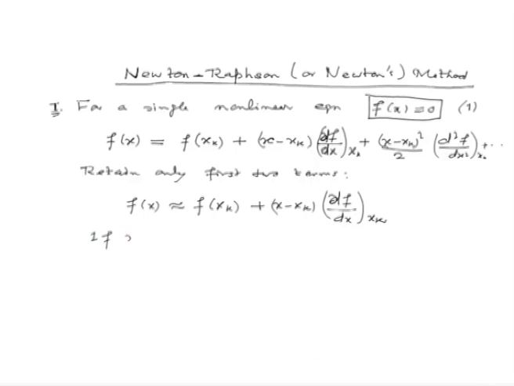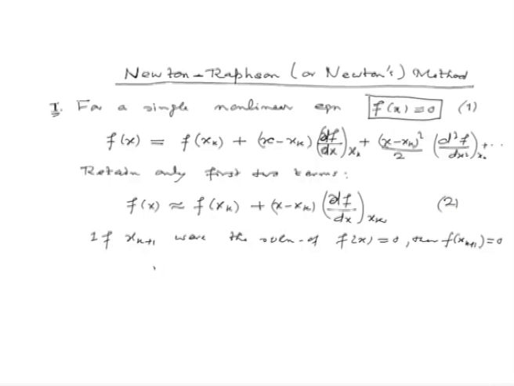Now, we are looking for a new iterate or an improved solution. So, if xk plus 1 were the solution of f(x) is equal to 0, then of course f of xk plus 1 is also equal to 0. So, let us substitute that in equation 2.